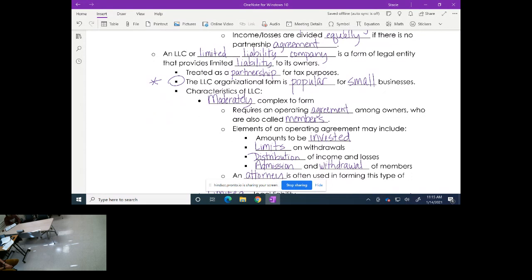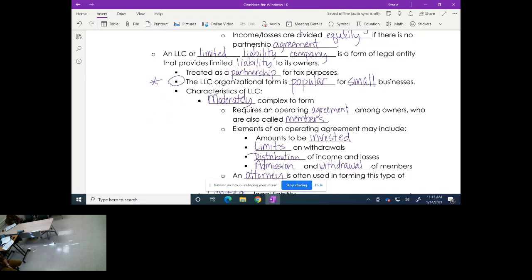So if something happens, the furthest a claimant can go is the assets of the business. Your personal stuff's protected. So it's almost like a no-brainer. Even if you're just a sole proprietor or partners, why wouldn't you form an LLC? You get that liability protection where somebody making a claim can't take your stuff.